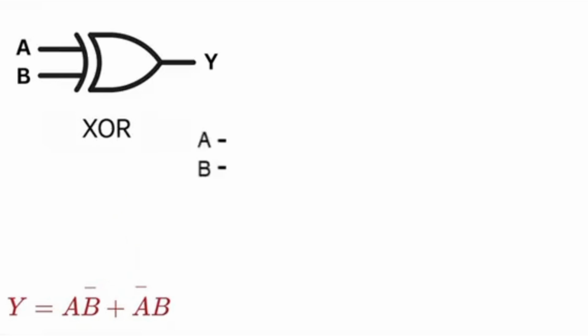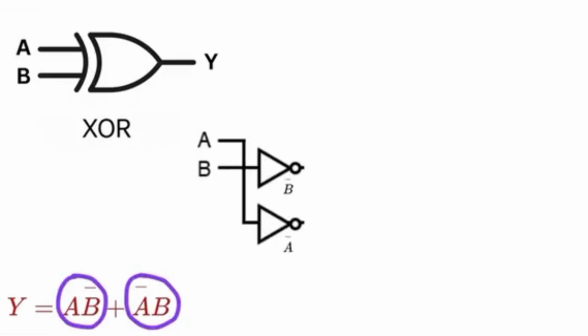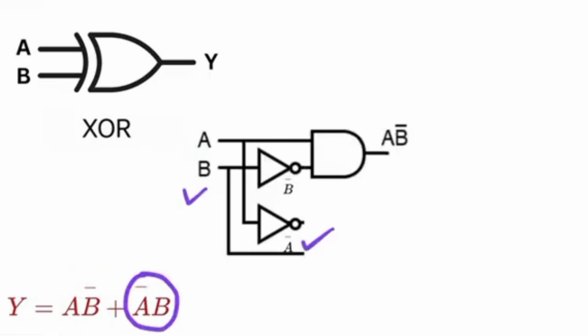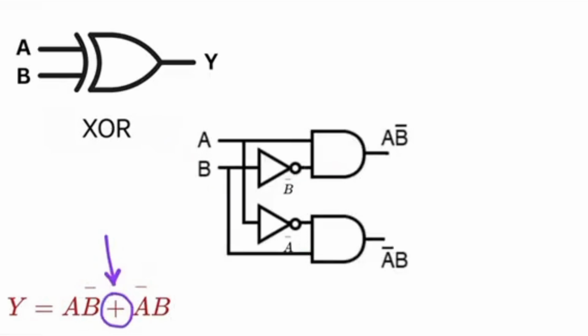Look here, we first take input A and input B. Then we pass B through a NOT gate to get B bar, and pass A through another NOT gate to get this A bar. After that, we create two AND operations. The first AND takes A and B bar, or this term. The second AND gate takes A bar and B to get this term. Now here we have a plus sign, right?